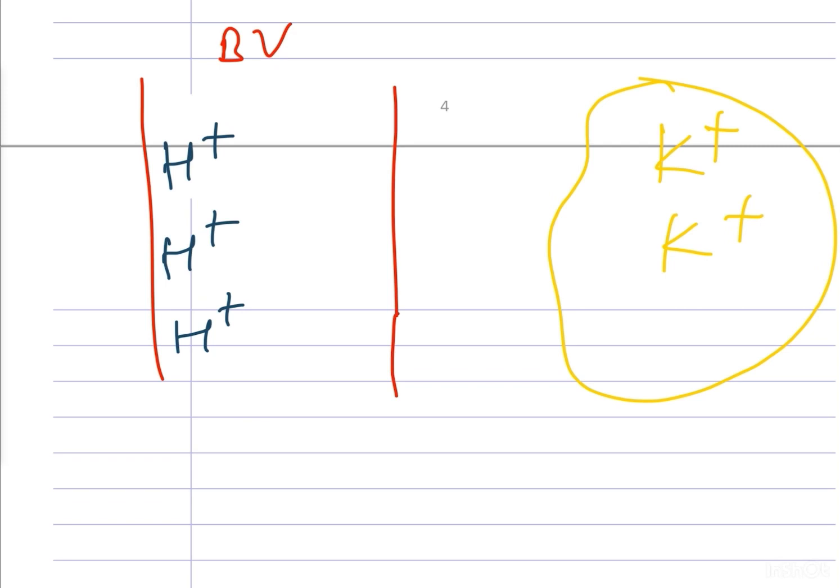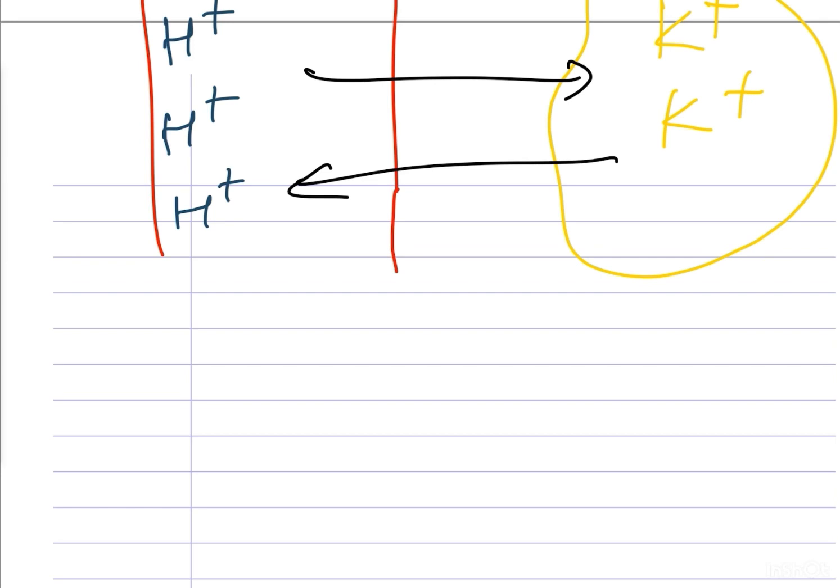Now here there is low potassium, and here there is low hydrogen ion. So according to the rule of physiology, there will be an exchange of the ions. The potassium will go into the blood vessel and H plus will go into the cell.